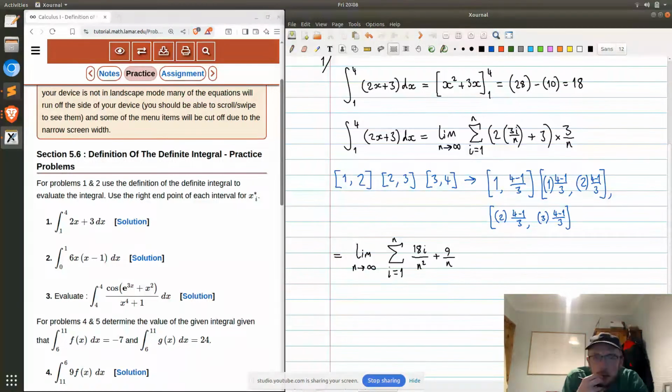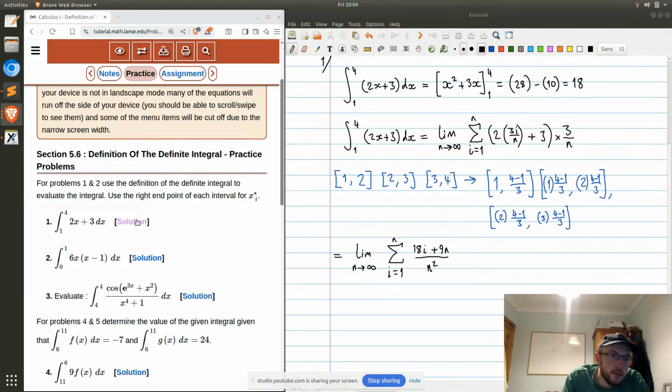Kind of struggling to see how it can't be. And well, actually, I can combine those, can't I? 18i plus 9n over n squared. Like that. Not really too sure.